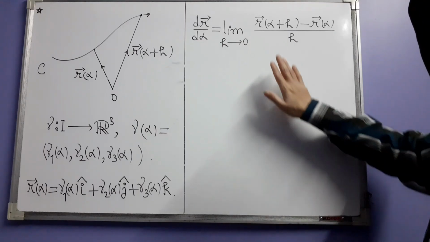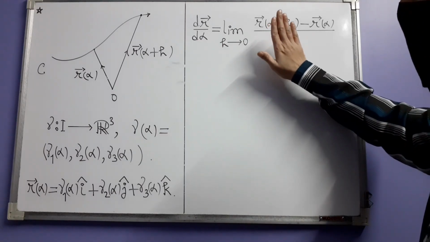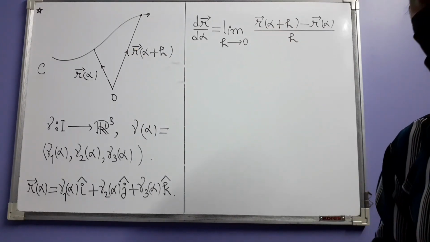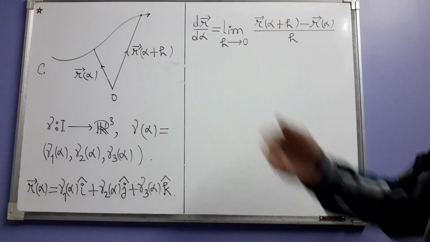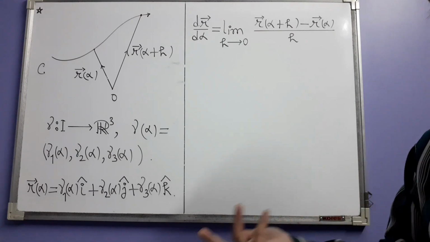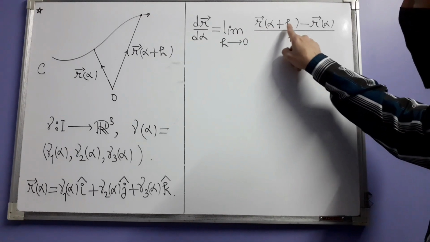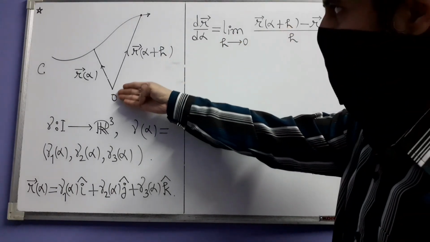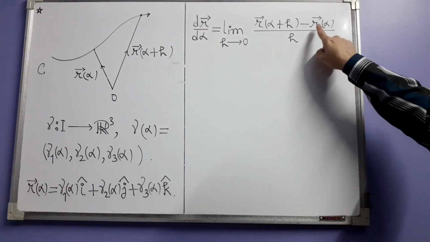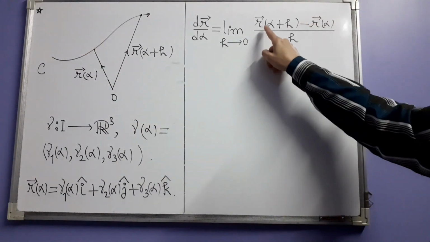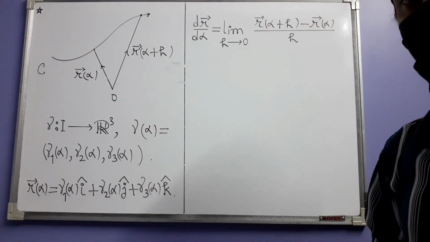Alright, now we are going to see how we can link this and this to try to figure out why this should be tangent. I mean, why should it be related to tangents? What is r of alpha plus h? This position vector. What is r of alpha? This position vector. So we can find what this difference vector is.